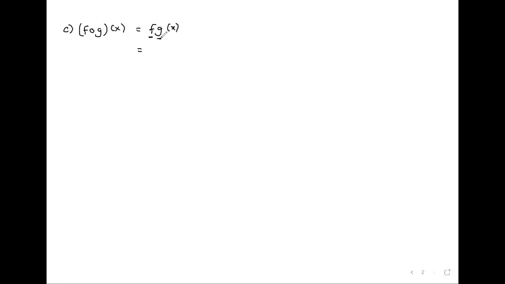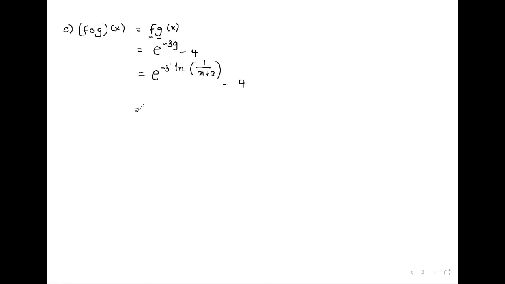But f is e to the power negative 3x minus 4, so where there's x, you put g, minus 4. And then what is g? G is ln of 1 over x plus 2, and then minus 4 is standing alone.